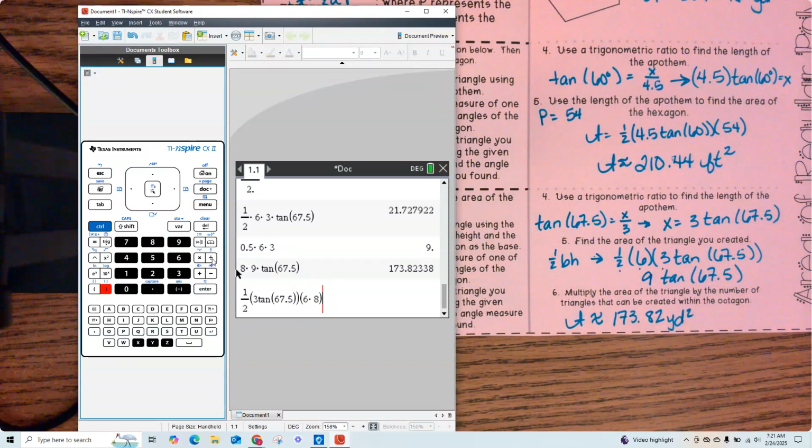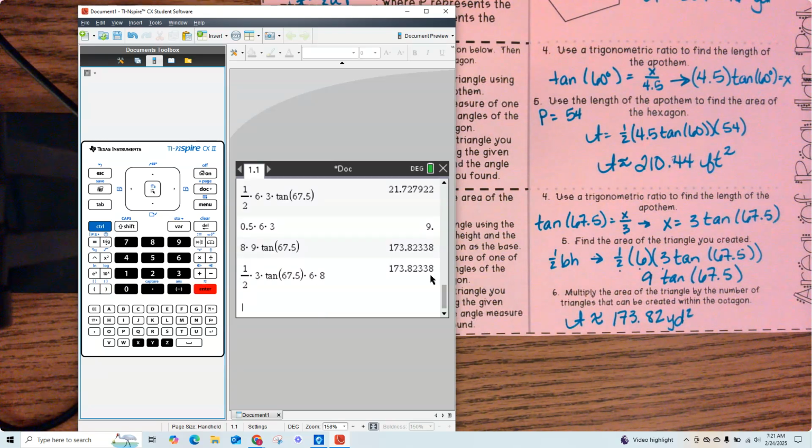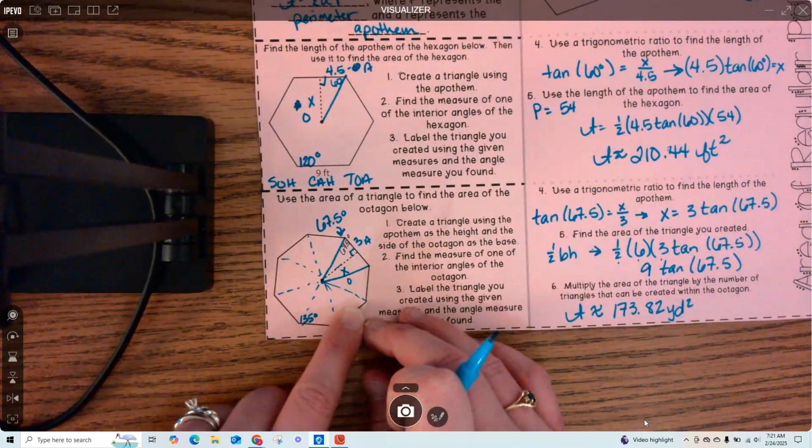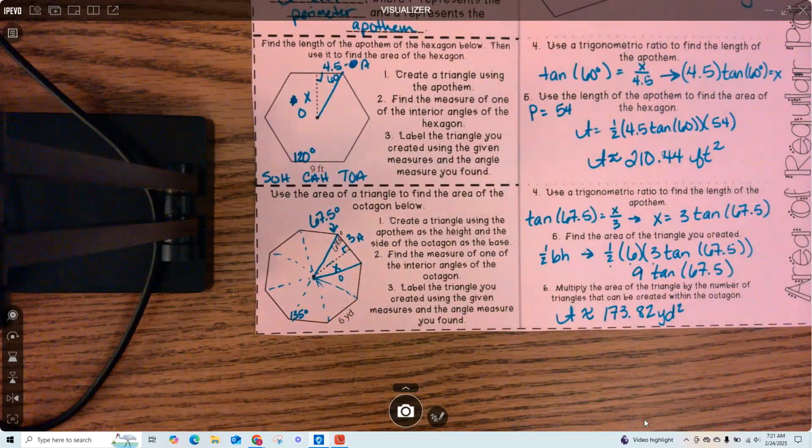One side measures 6 yards. We have 8 sides, so that's how I got that. So if we compare the areas that we got, they're exactly the same. This is just another method you use. If you want to just use the formula, that's fine. So that's it for this set of notes.